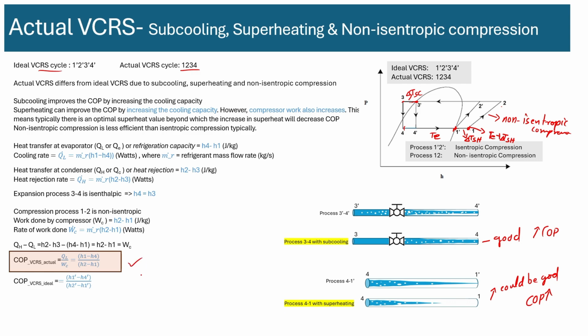For the ideal VCRS cycle, the formula is different, it's based on the 1 prime, right? So which one would be better? Typically, the ideal cycle would be better, because of the difference in isentropic versus non-isentropic compression. The subcooling and superheating actually help, especially subcooling.